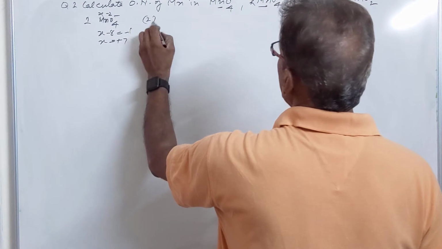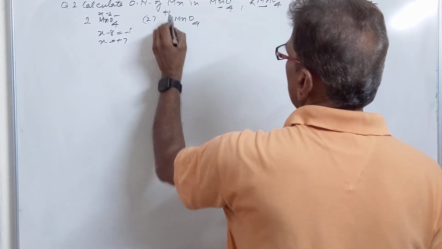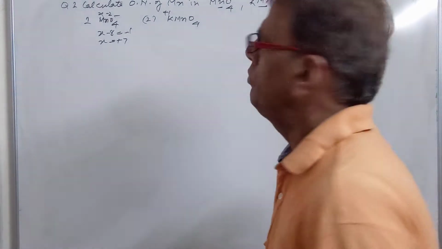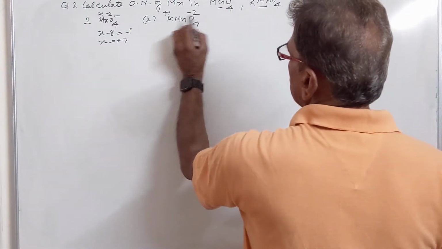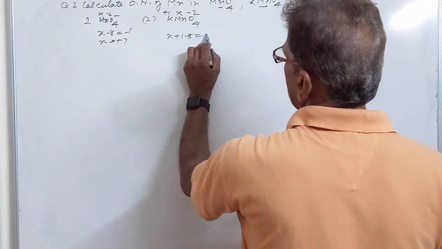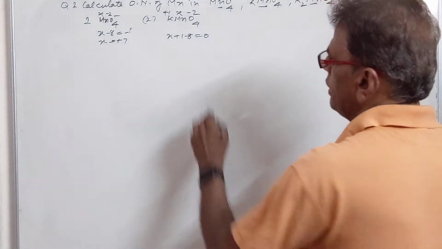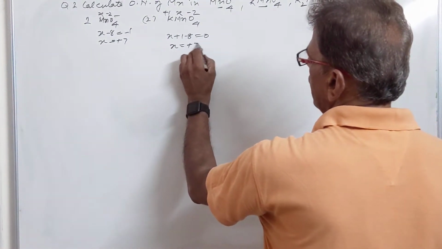Then we have the second case, KMnO4. +1 is the oxidation number of potassium, oxygen is -2, and Mn is X. X plus 1 minus 8 equals 0 because KMnO4 is a neutral species. So X is again +7 here.